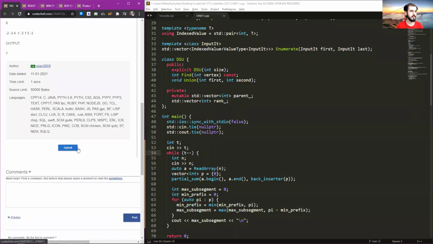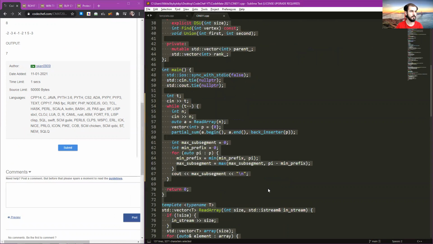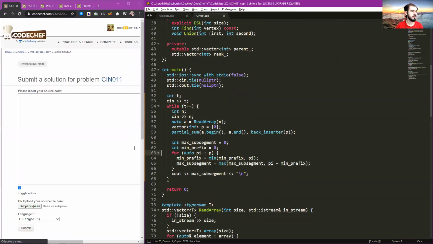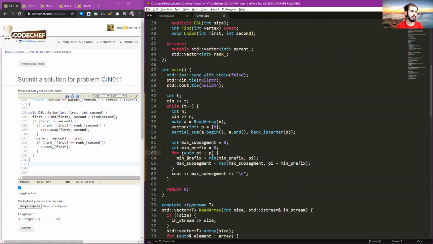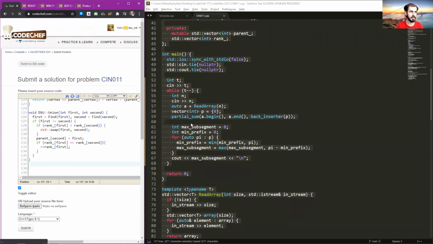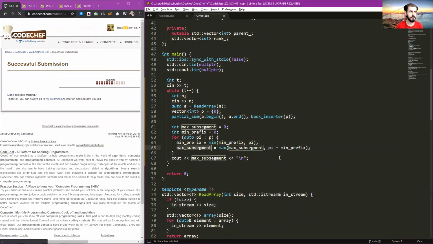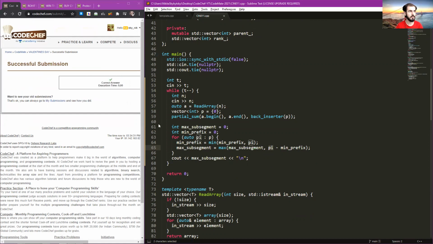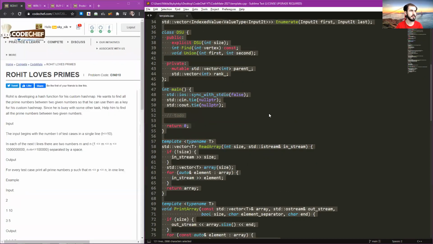I think this is the way to do it. Because this way we always select the optimal subsegment: we try all possible endpoints, and for each endpoint, the optimal start is the minimum prefix that we've seen so far. Yes, it is indeed correct.